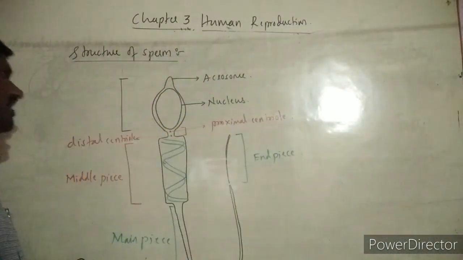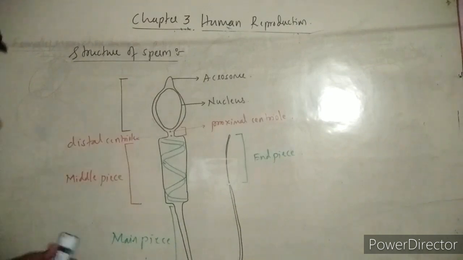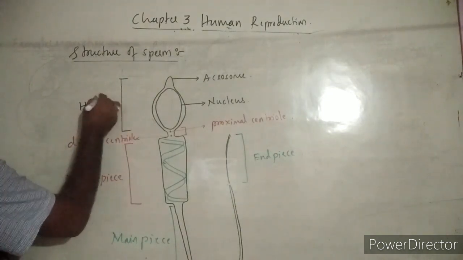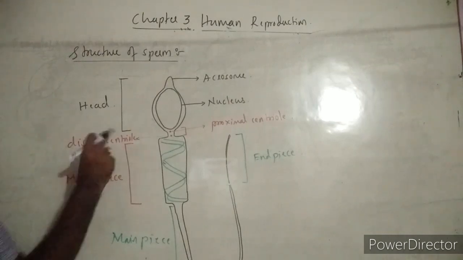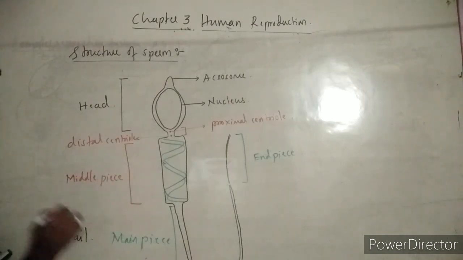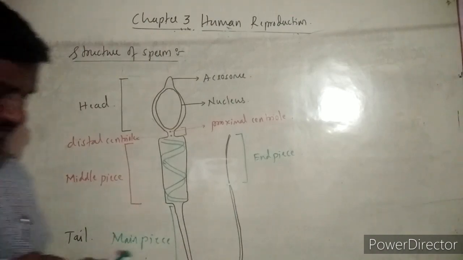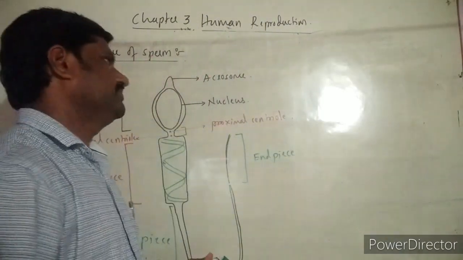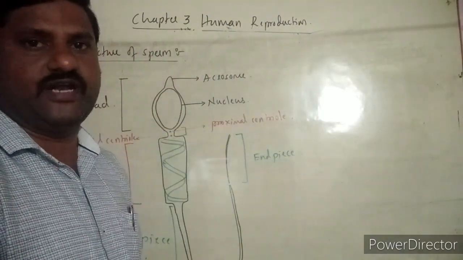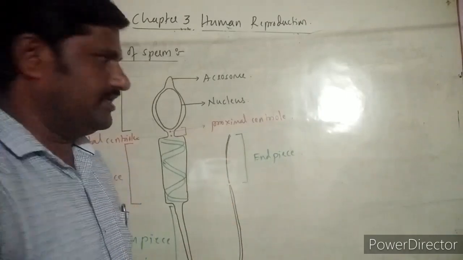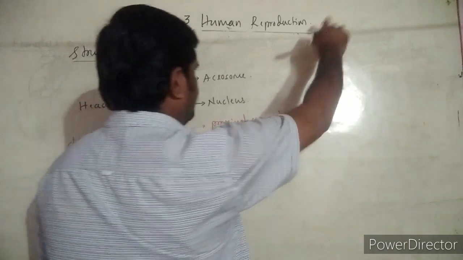Now this is the head portion, this is the middle piece, and this is the tail portion. Like this, there are three major parts of the sperm that we can see over here. Its related explanation I am going to give in detail. So let us start with the explanation.